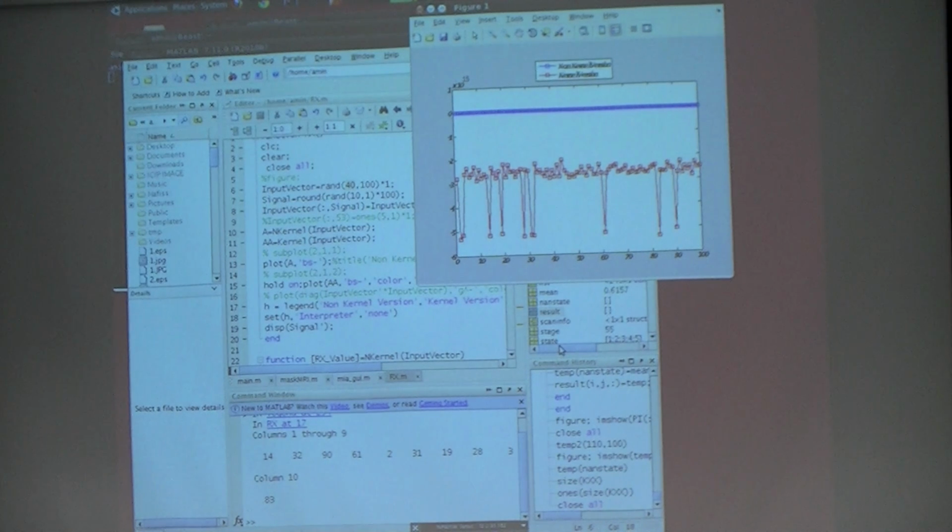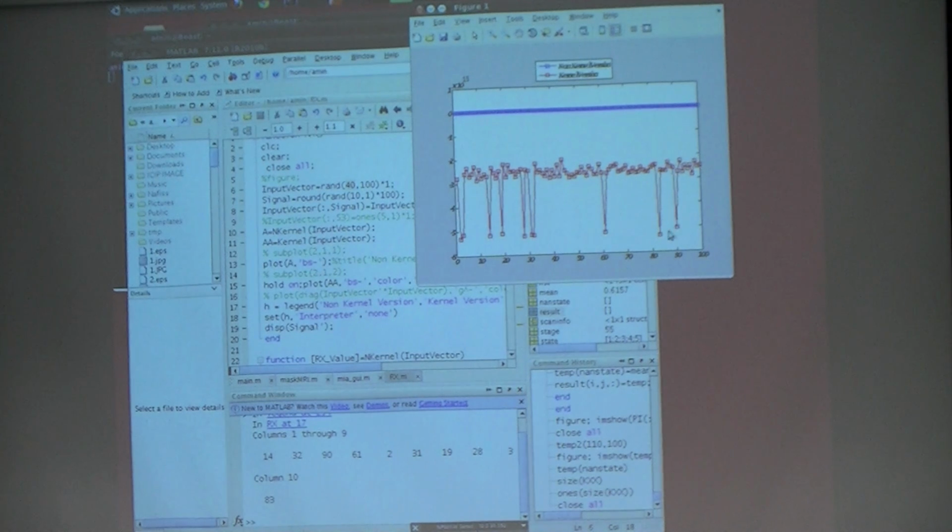Any question? What's the y-axis? The value of the output of the R. The smaller points are anomalies because they are far from the others.